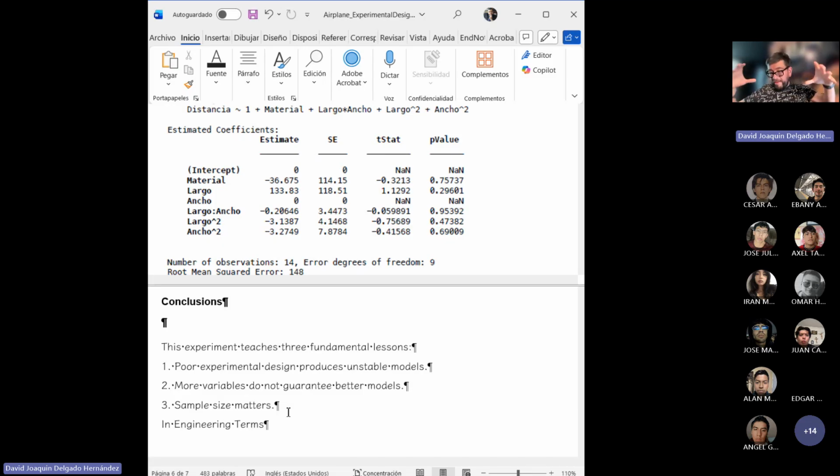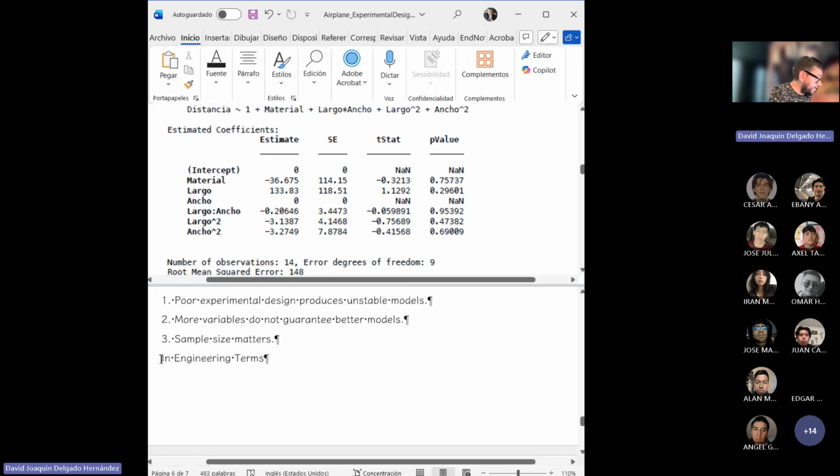But if I have many samples, my model will be very powerful. It can predict very good distances because it has got a lot of information internally that allow me to predict better.